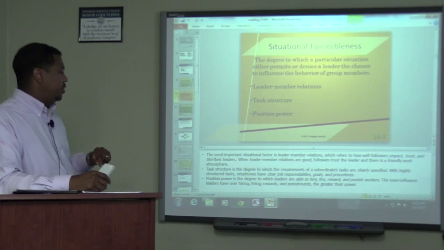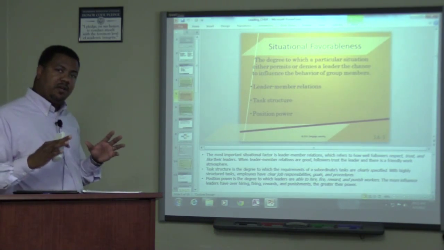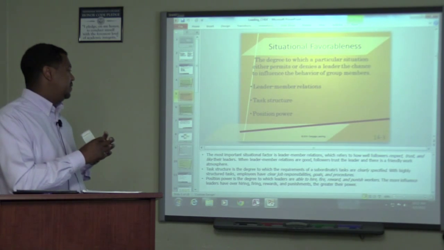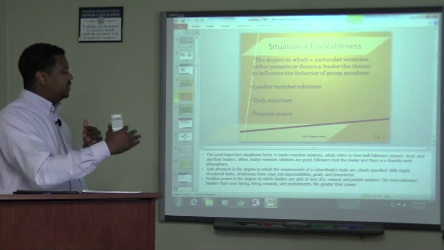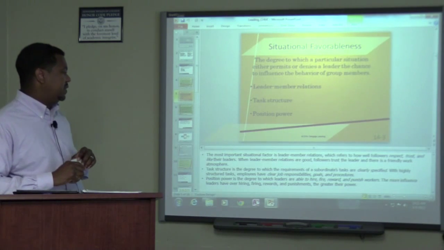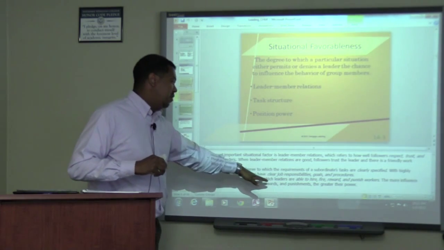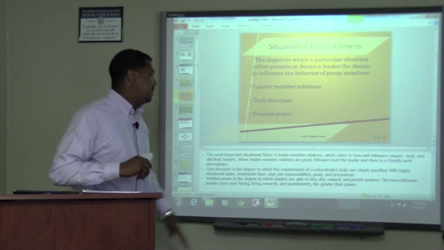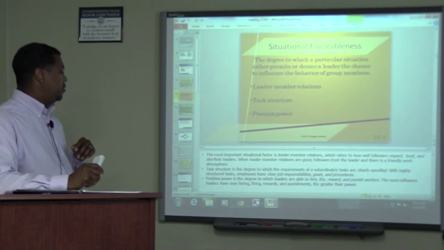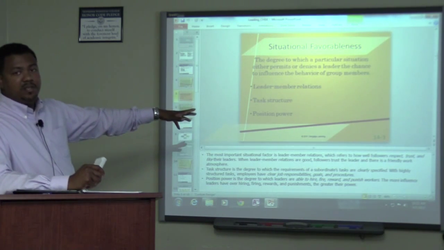What about task structure? Are there clearly specified goals? Is there enough tangible information for the group as well as the leader to move forward and be a little more successful? Are clear responsibilities identified for the leader to communicate to subordinates? And then also the position of power.